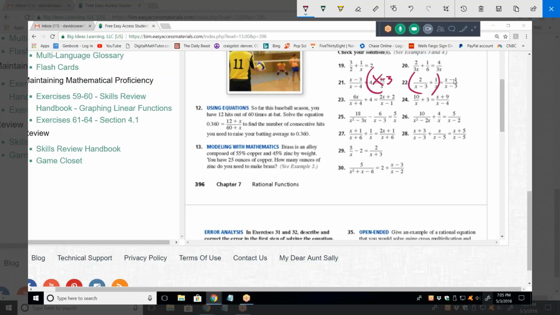Okay, tell me what that makes the left side. 2x plus x minus 3. Now you got to multiply the right side by that. What's the right side become? x squared minus x.